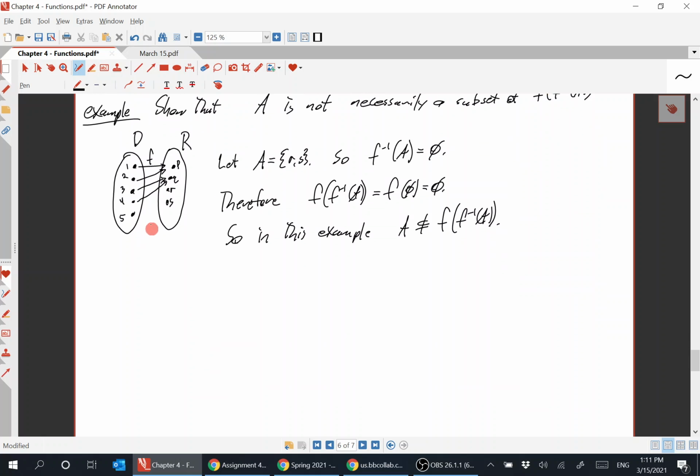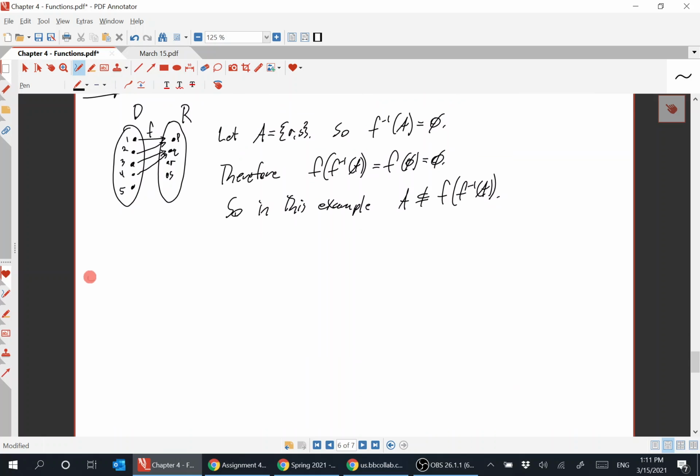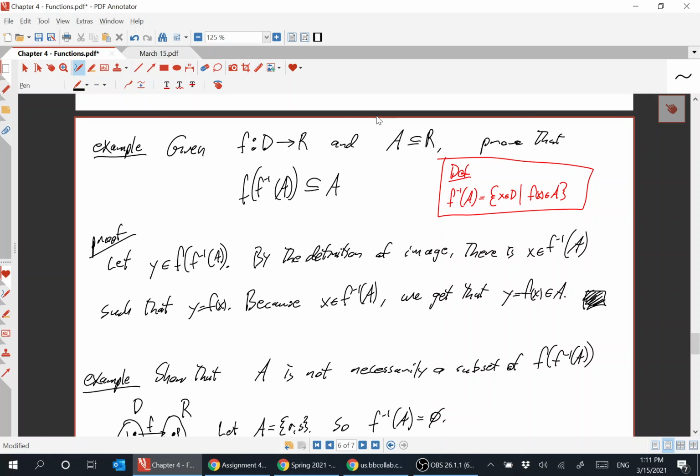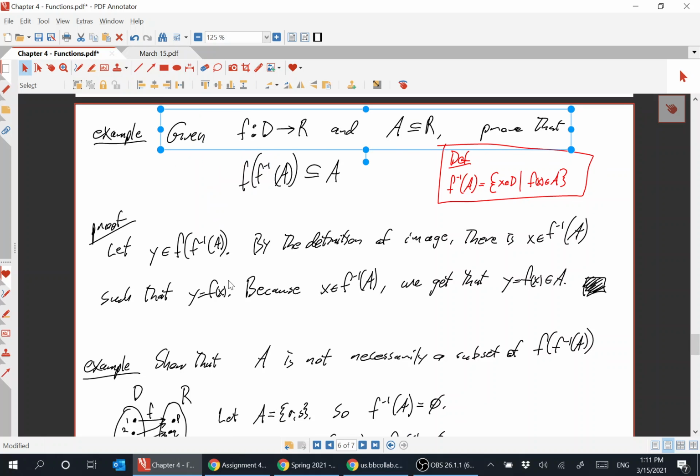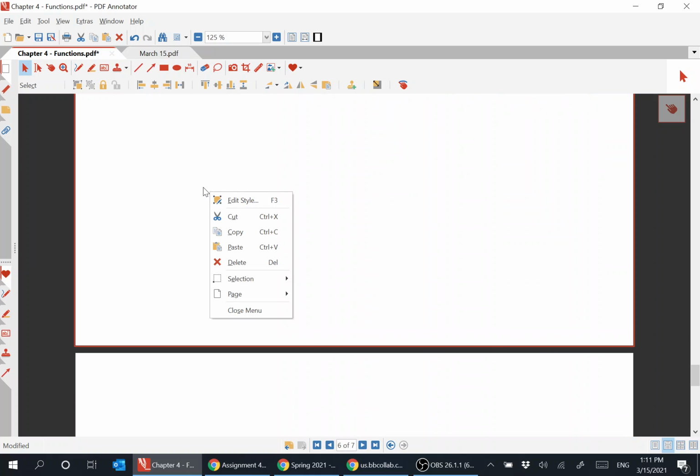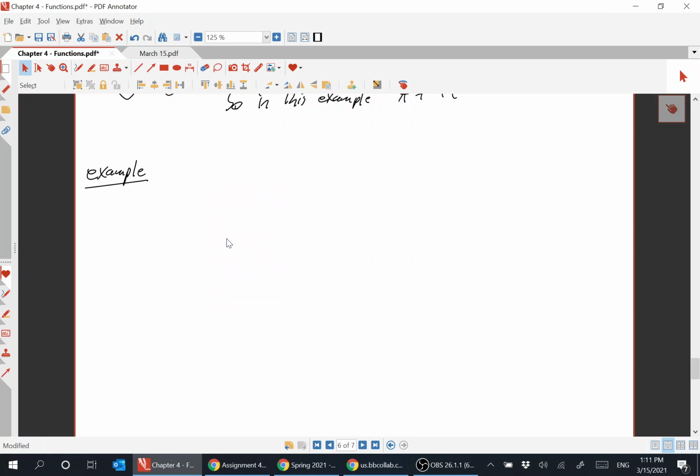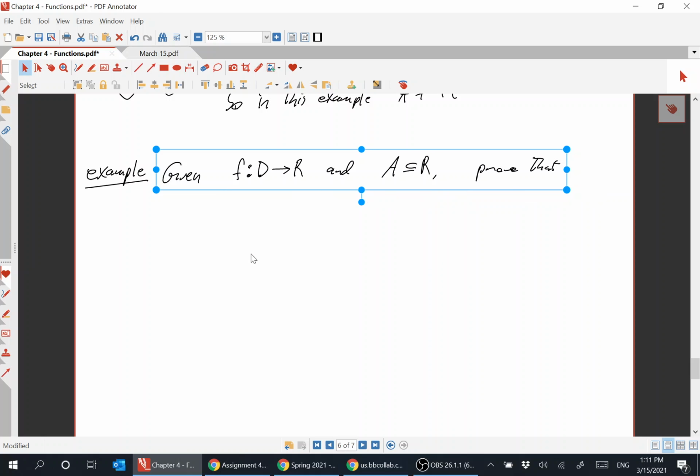How about the other way around? So here we were looking at a subset of the range. How about a subset of the domain?